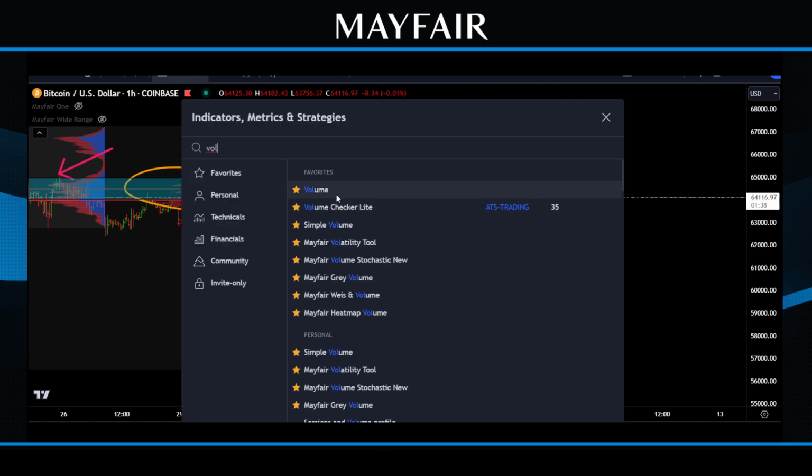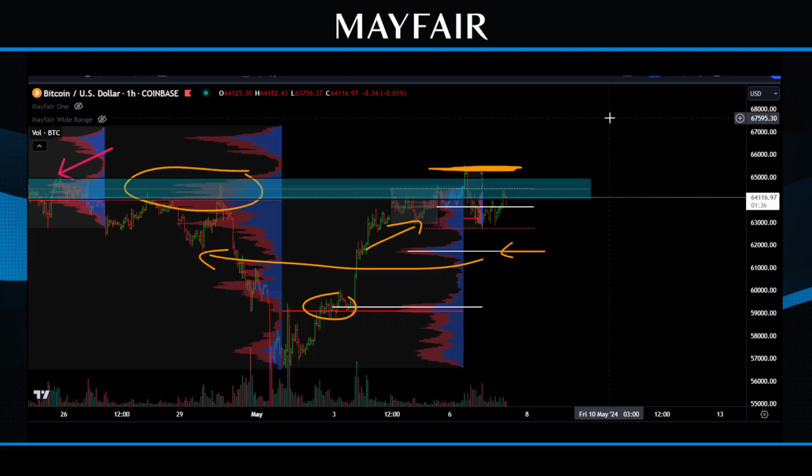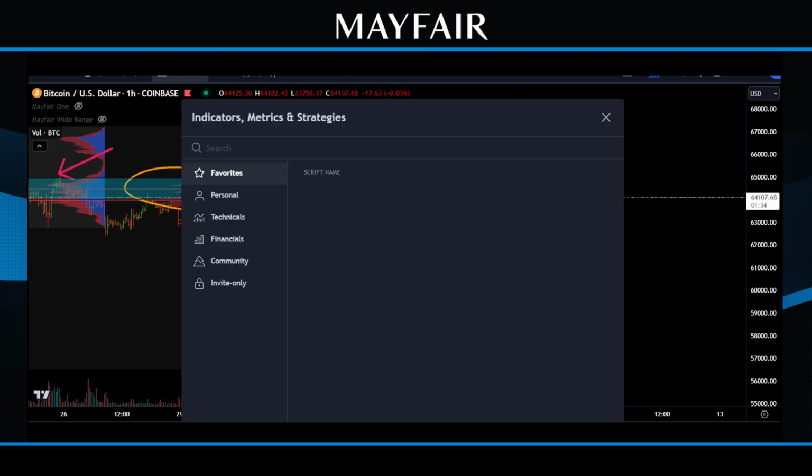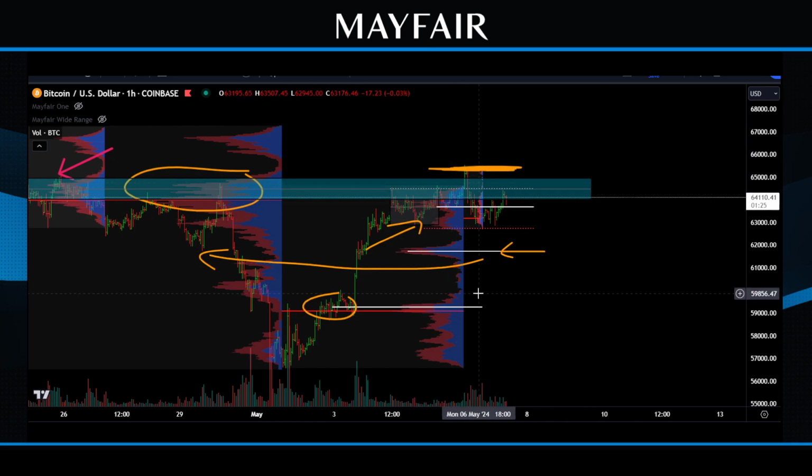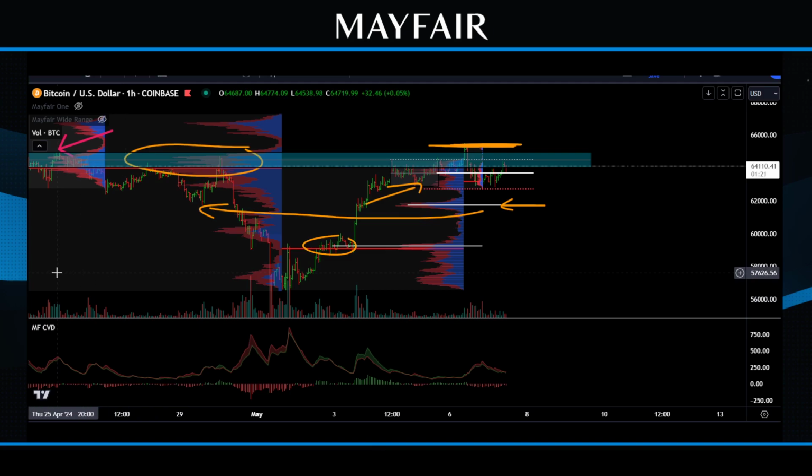And then you've got the CVD, which is basically, let's do CVD, and I'm going to put this on as the oscillator. So what we're actually seeing from this particular point is when the volume is increasing and the price is going up, everything's going in the same direction. Everything's kind of in your favor, so you'd expect the price to carry on up.